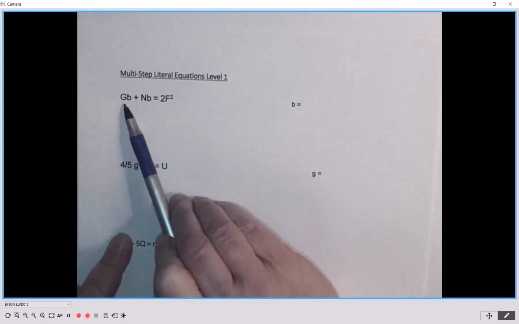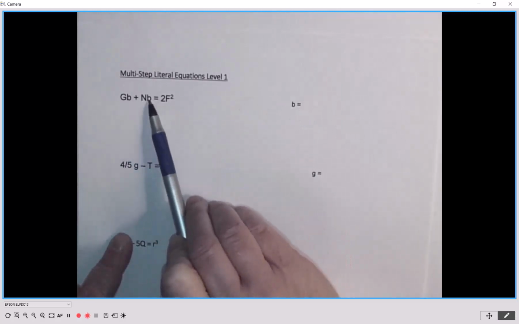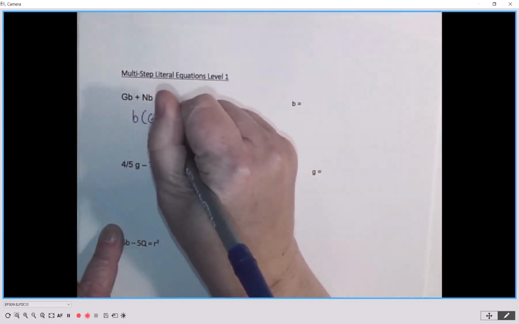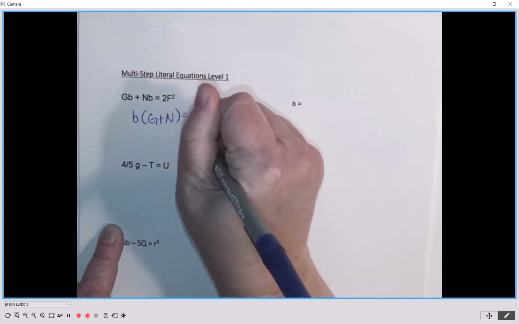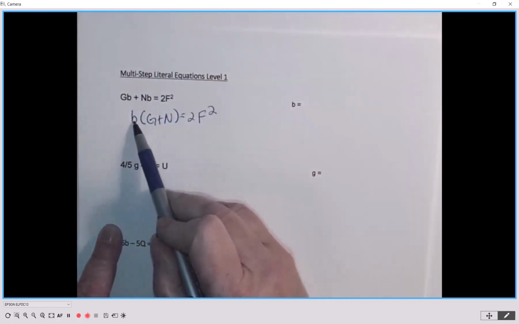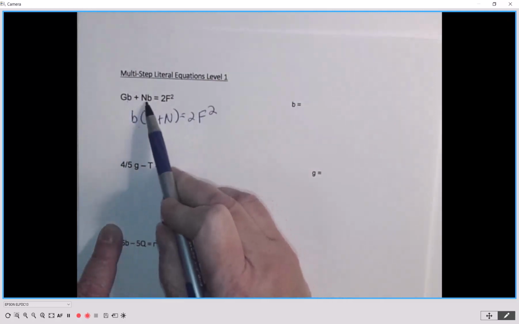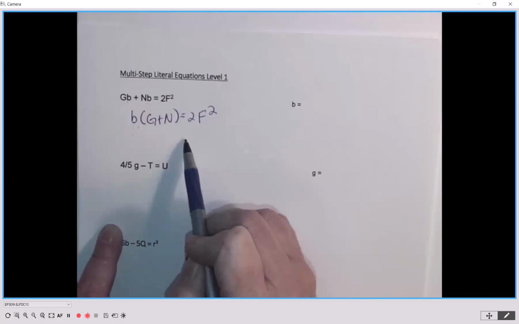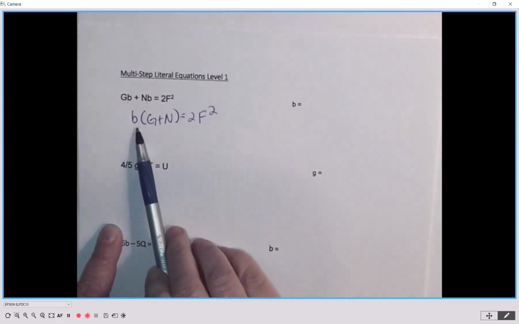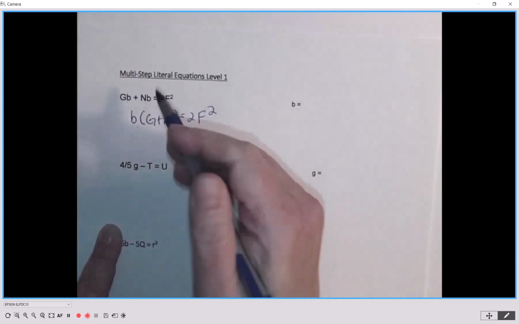Now I notice b is being multiplied by each of these. That looks like the distributive property, right? If I took the b out of everything and say, hey, b times g is gb, b times n is nb. That's correct. And then what I want to do is I want to just isolate this small b. I had to take him out of that.